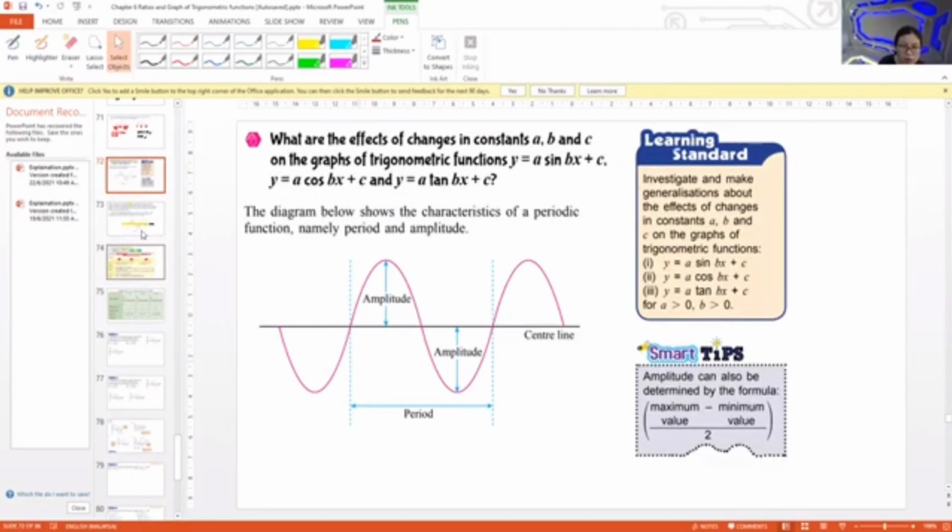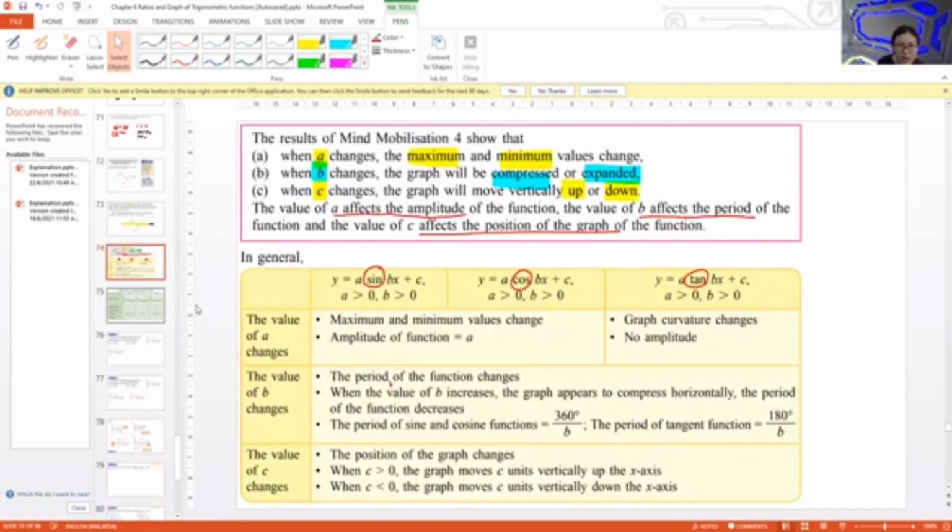So when A is positive 1, it means that the amplitude will go up 1, and here also will go up 1. Understand? And then next, for tangent graph, curvature changes. Graph curvature changes means that the graph will be changed and no amplitude will occur. Okay, no amplitude. This is only for tangent.